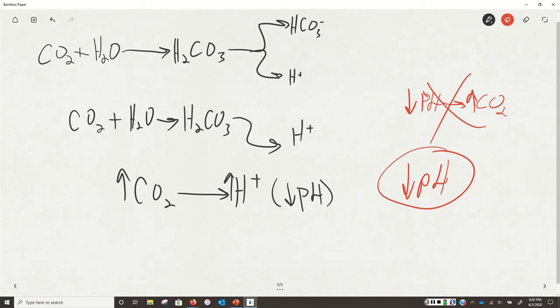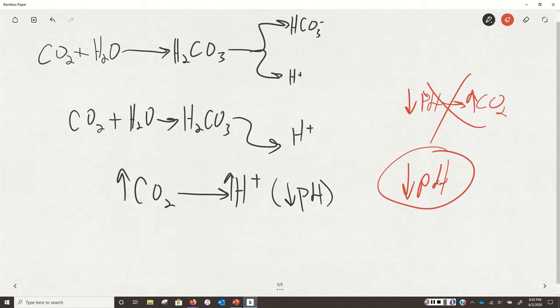Now, I've said this several times, and I've said it several different ways since I started drawing in red. And that's because that is very important, and it's probably going to tie into an exam question at some point. Yes, we can say whatever CO2 does, pH does the opposite. But no, we cannot say whatever pH is, we can determine something about CO2.